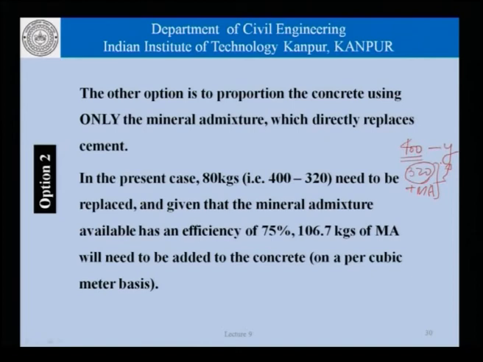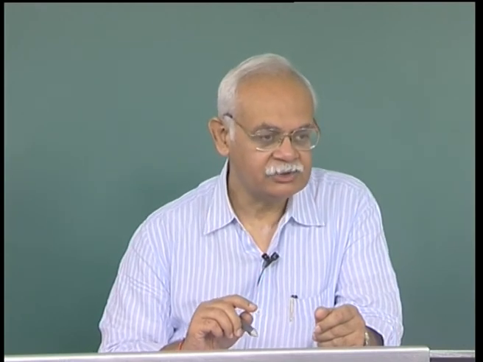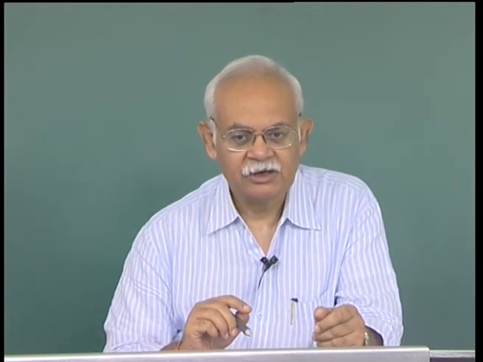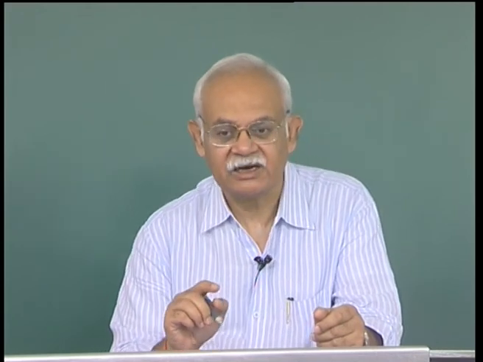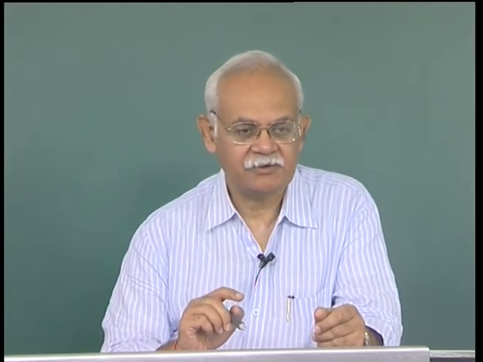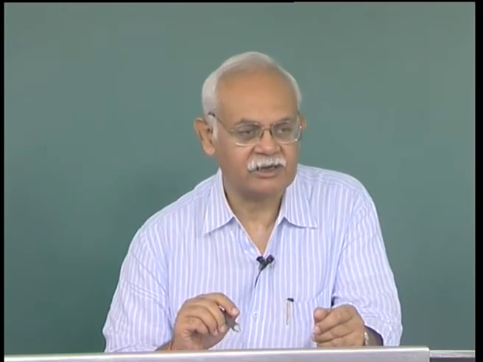The strength cannot be compromised. Only thing what is happening is that instead of cement alone, we are using a mineral admixture to supplement the cementitious material content. So, what we have done is we will replace a part of cement by the mineral admixture.